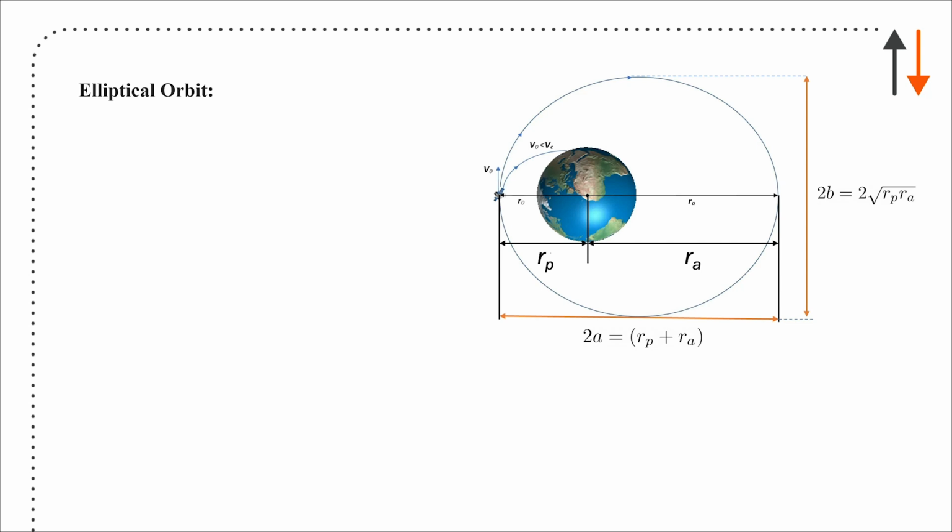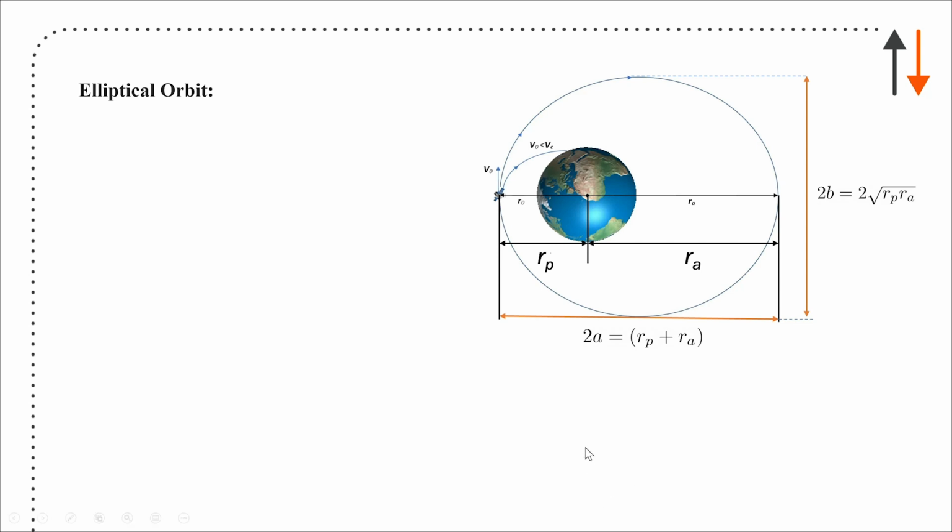In this elliptical motion, the long axis is 2a, which will be the summation of RP and RA, and the smaller axis will be 2b, calculated as 2 times the square root of RP RA.